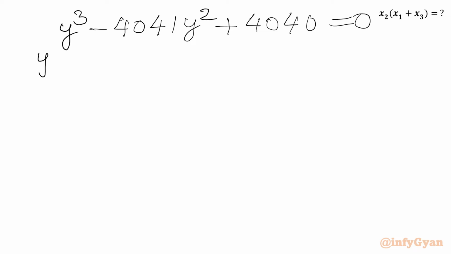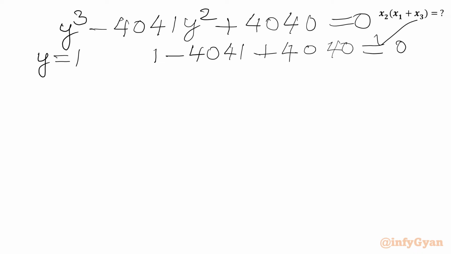Now I will plug in y equal to 1. We are getting 1 minus 4041 plus 4040. It is satisfying our equation. We will say y equal to 1 is our base solution, or base root, of this cubic equation.